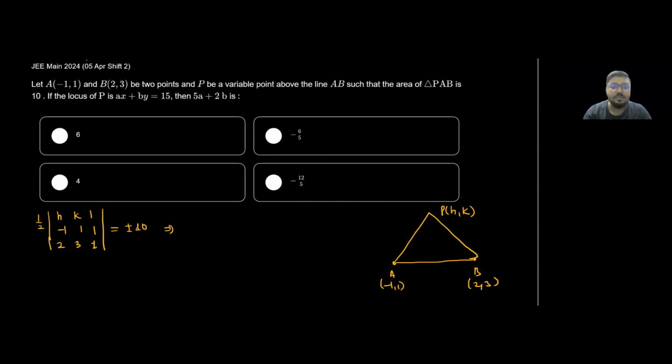So that will be plus or minus 20 equal to the determinant value, which is H times (-2), minus K times (-1 - 2) which is plus 3, and plus 1 times (-3 - 2), which is -5. Considering the plus sign, we have -2x + 3y - 5 = 20, or considering the minus sign, -2x + 3y - 5 = -20.